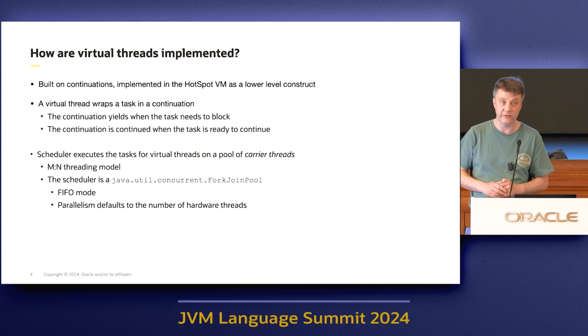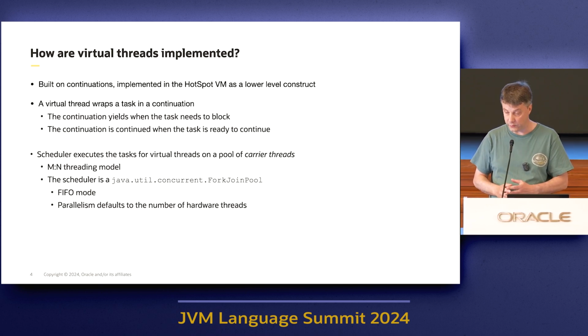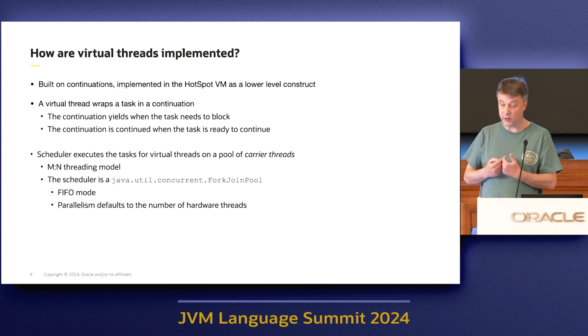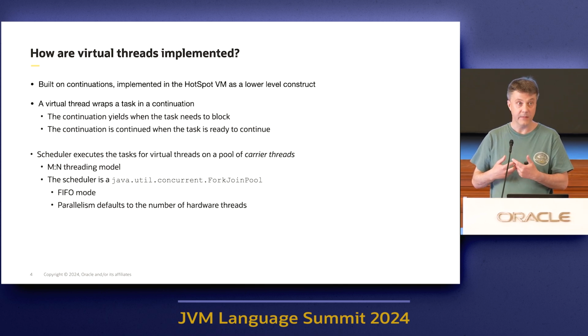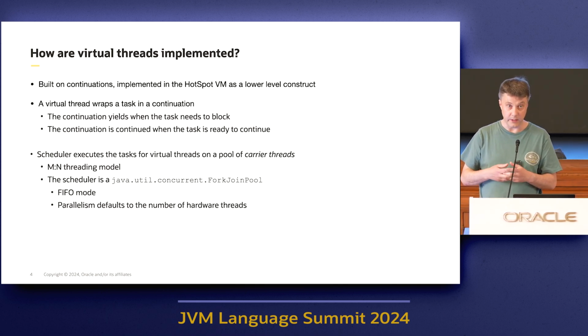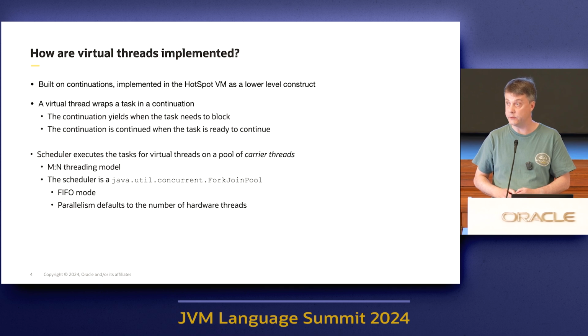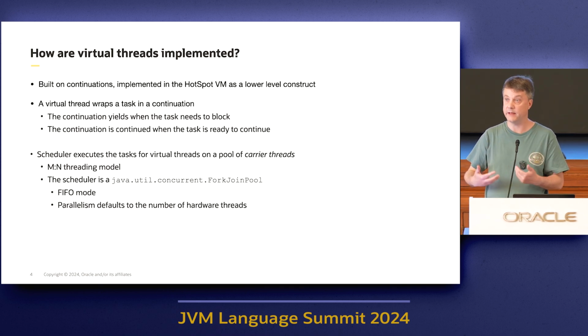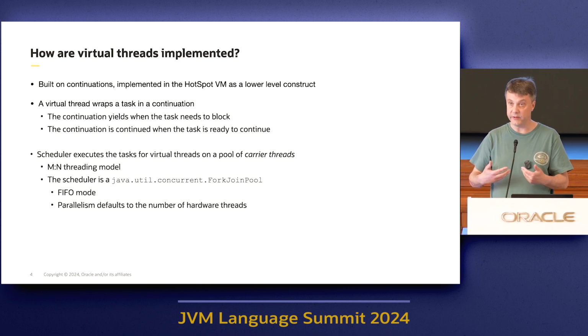Most people here will have seen presentations on this over the years. The scheduler that we're using is based on Doug Lea's fork join work stealing scheduler. For parallel decomposition and those other traditional tasks that work stealing schedulers were used for, it's configured in very much a LIFO type of mode.